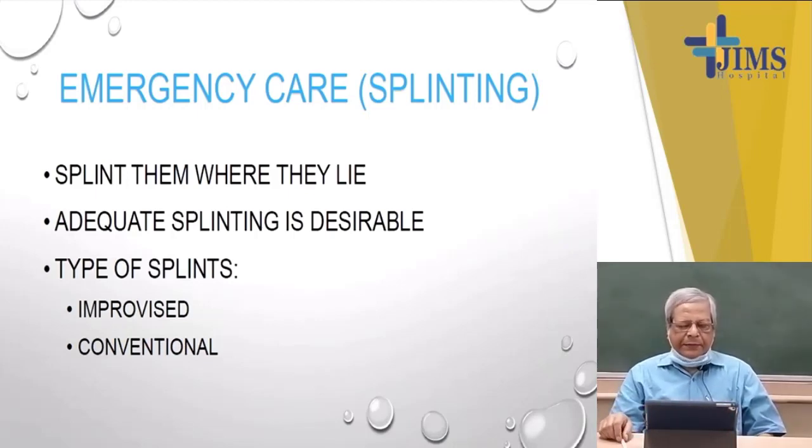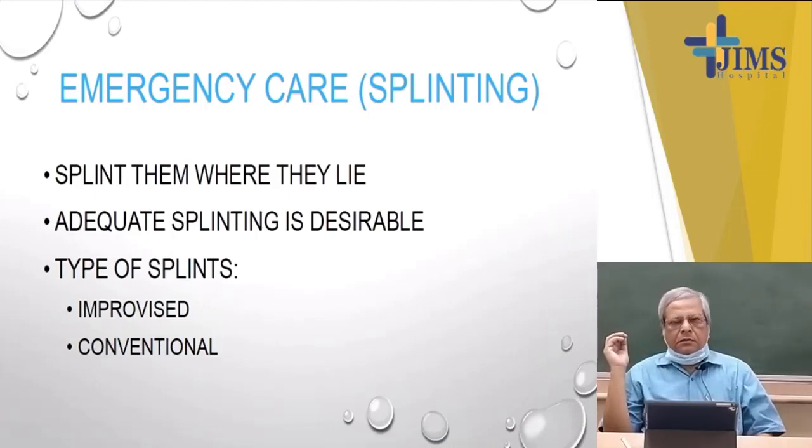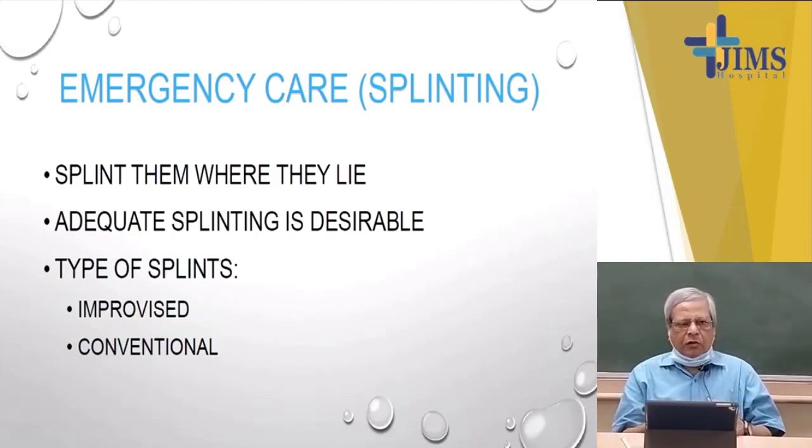There are several types of splints. They could be improvised or conventional, such as the plaster bandages, where rolls of plaster bandages are applied in layers one over the other, making it 8 to 10 layers thick, soaked in water, and it gets hardened, then it is applied.